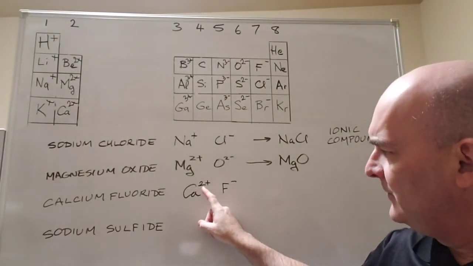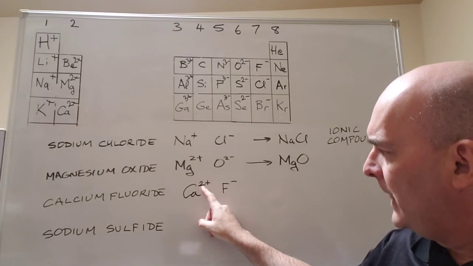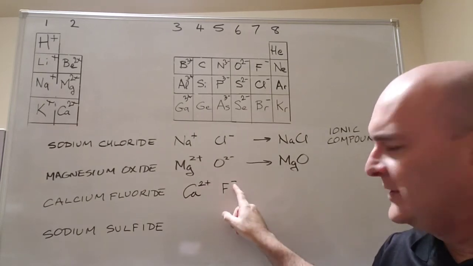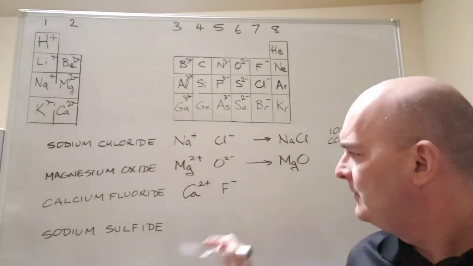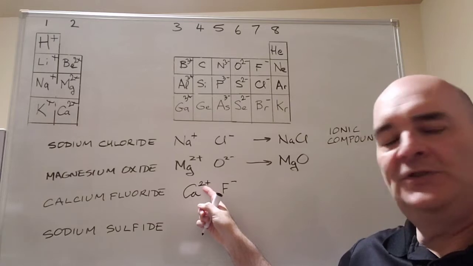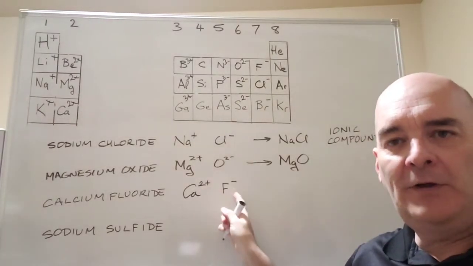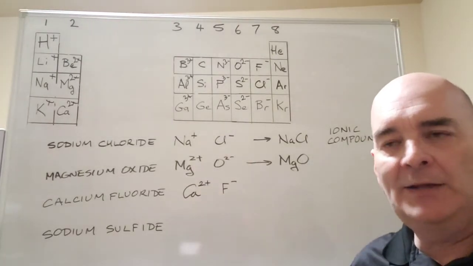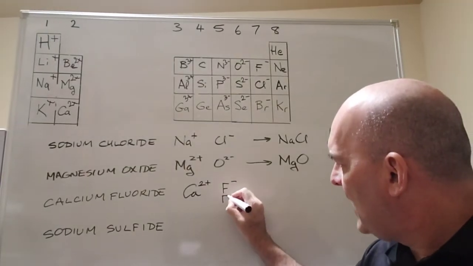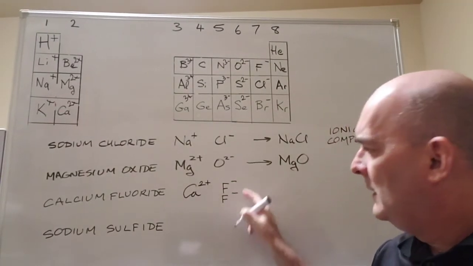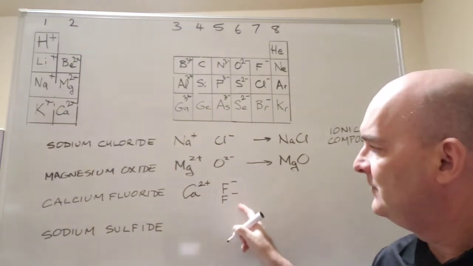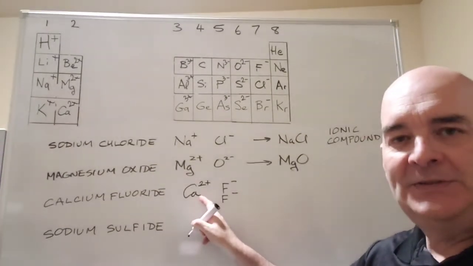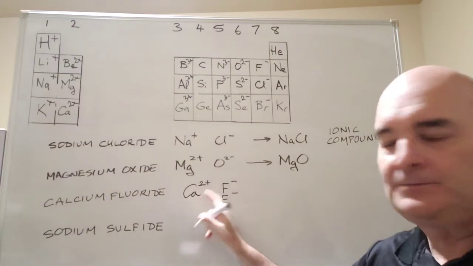But here, for the first time, that 2+ and this 1- don't cancel each other out. There would still be a residual positive charge left over if this fluoride added to that calcium. So it turns out that we're going to need twice as many F- to balance out a Ca2+.